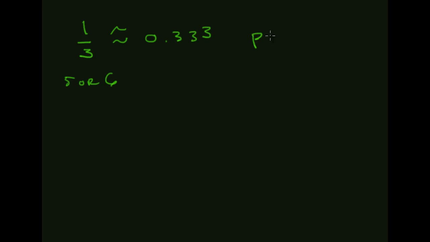Okay, so this means that p, the percentage of the population of die rolls that has a result of a 5 or a 6, would be 0.333. So let's say I roll the die 100 times again. Now, on average, what proportion of those die rolls would be a 5 or a 6?